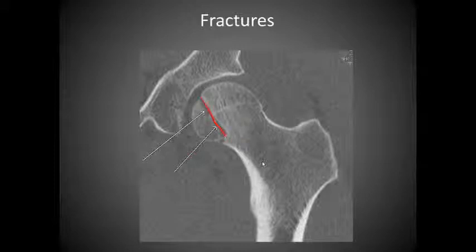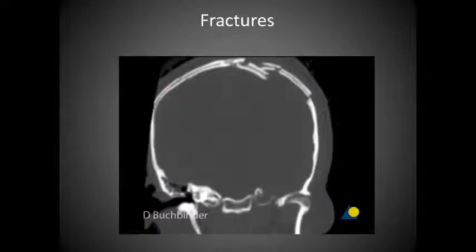Here is a fracture of the femoral head, which could possibly be a butterfly type fracture. Notice that we don't have any abnormalities in the acetabulum, and there doesn't appear to be any fractures. I don't believe that this is a fracture. If it is, it looks like it is actually healed.